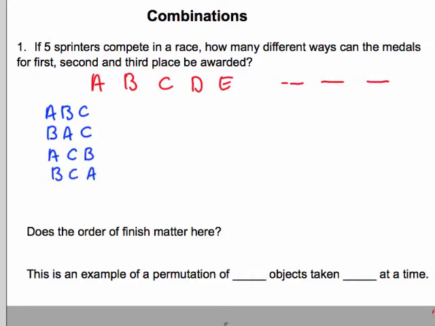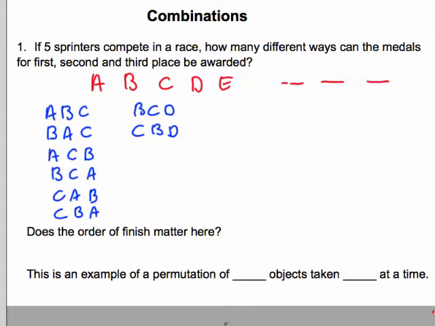And what I'm doing is writing out all the orders of just these 3 people. And then, of course, we could have B, C, D come in, and C, B, D in that order, etc., etc. The point is that the order in which people come in matters.